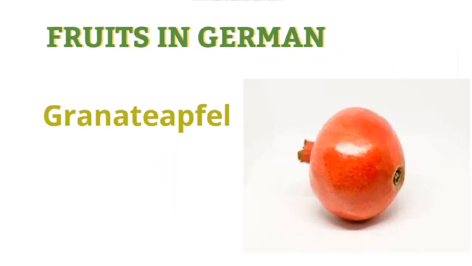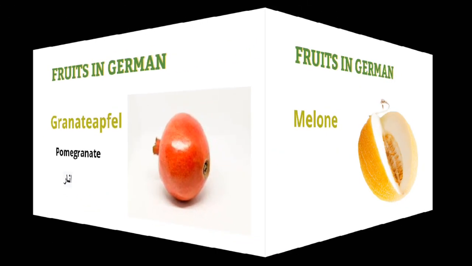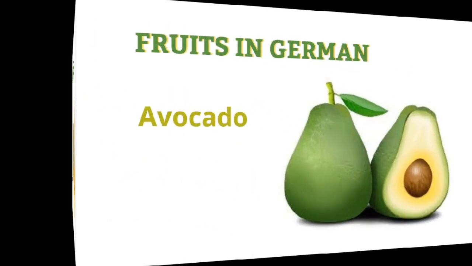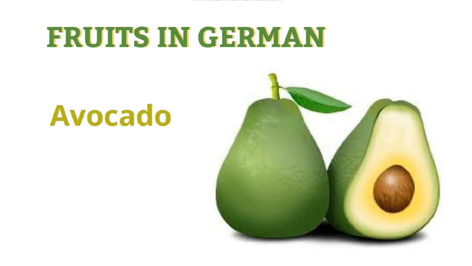Granatapfel. Granatapfel means pomegranate in English. Next is Melone. Melone is called melon in English. Other one is Avocado. Avocado, which means avocado in English.